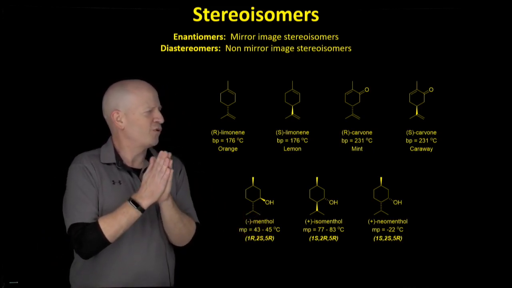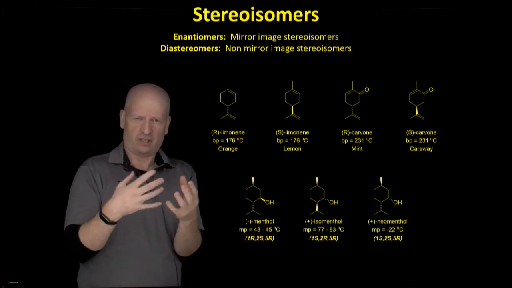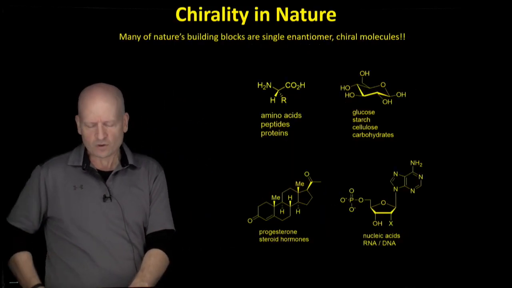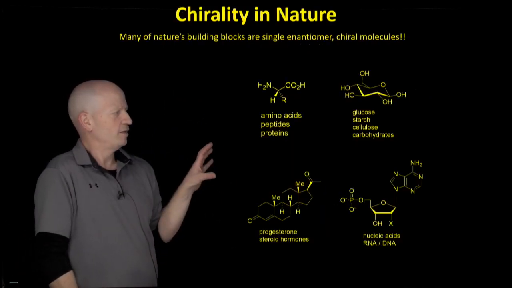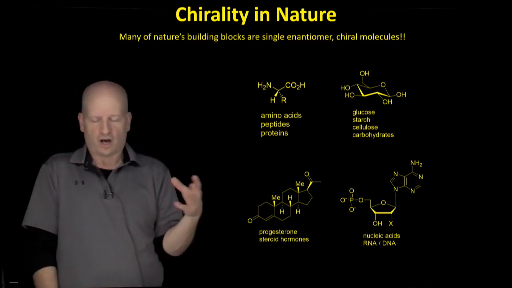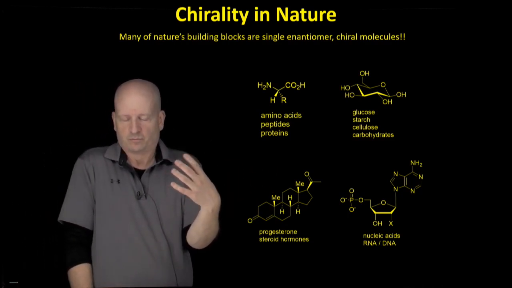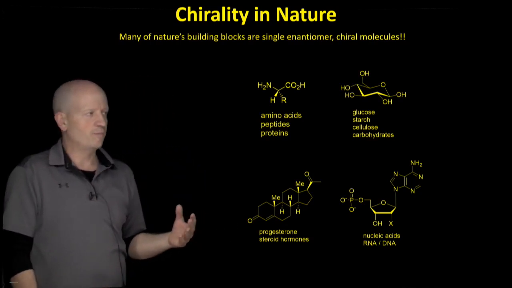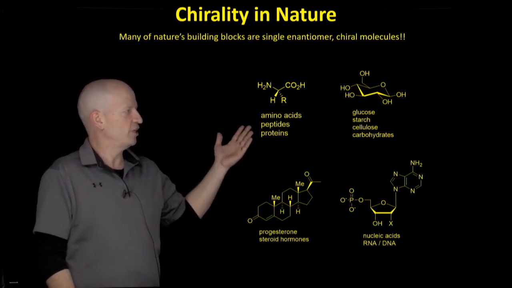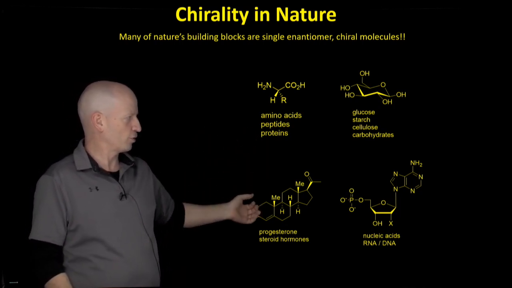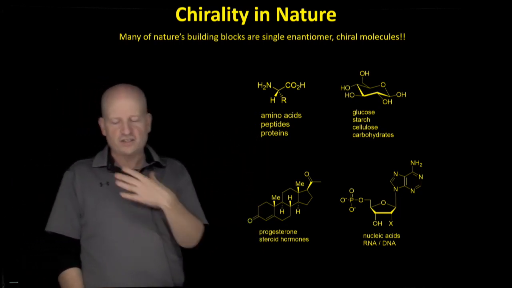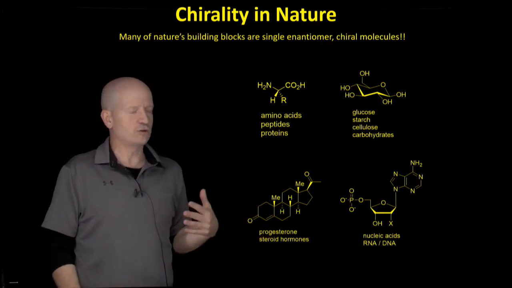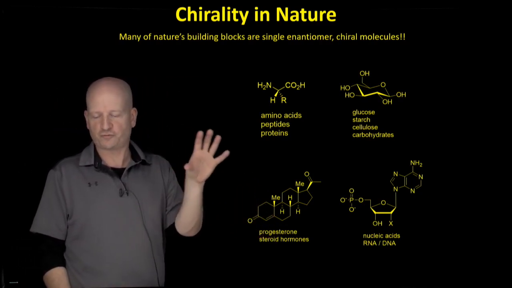And so the question then is, well, why do they smell differently if they behave the same otherwise? Well, it turns out that in nature, you have basically single enantiomer molecules. The basic building blocks, things like the amino acids or the sugars or nucleic acids, these all occur in nature as a single mirror image form.